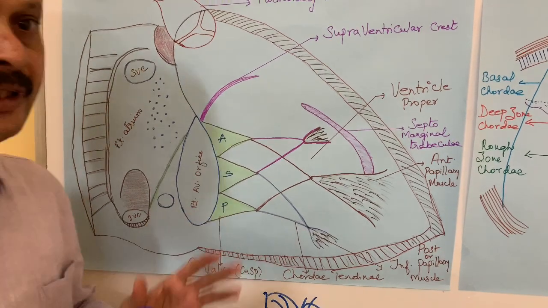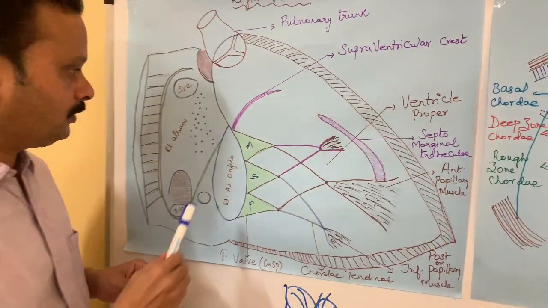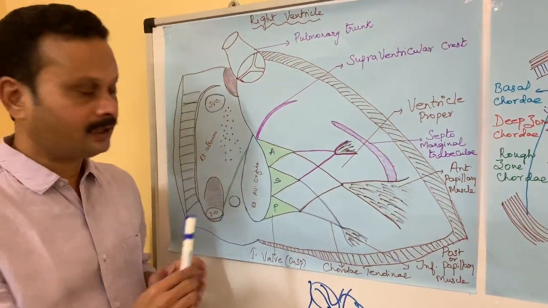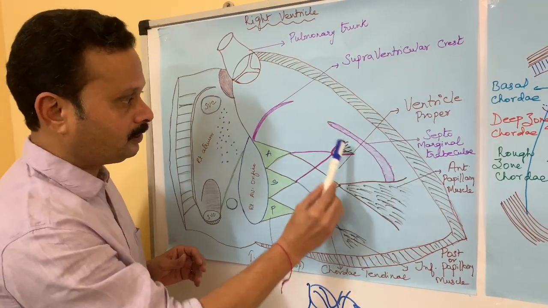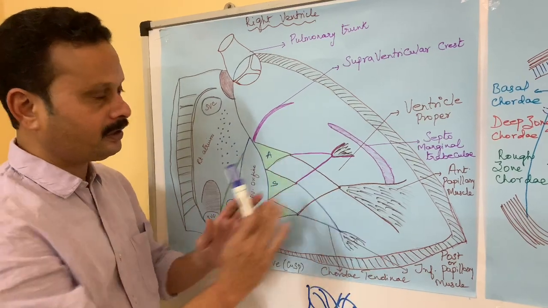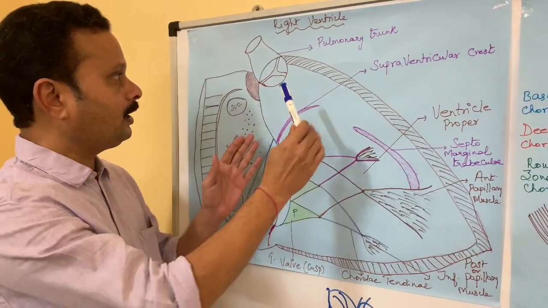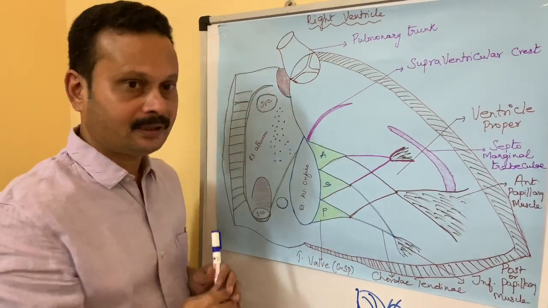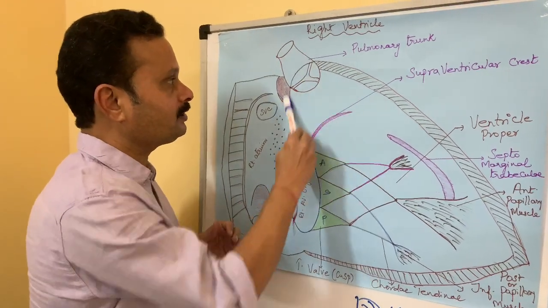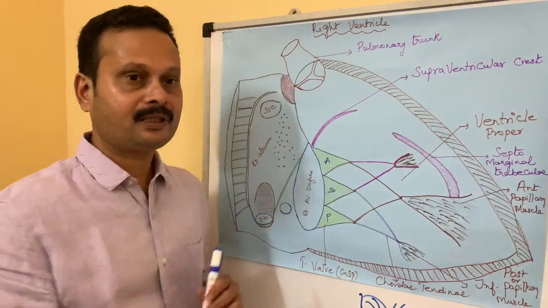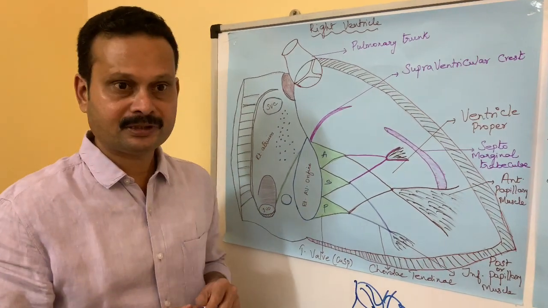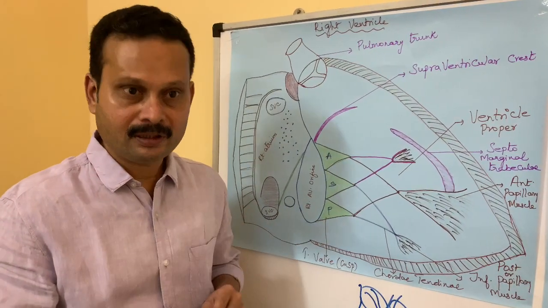It consists of basically two parts: the rough inflow tract, or ventricle proper, and the outflow tract, also called the conus arteriosus or infundibulum.